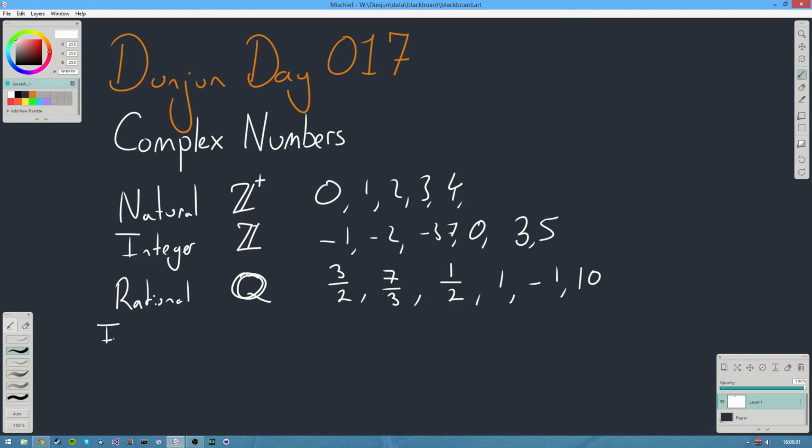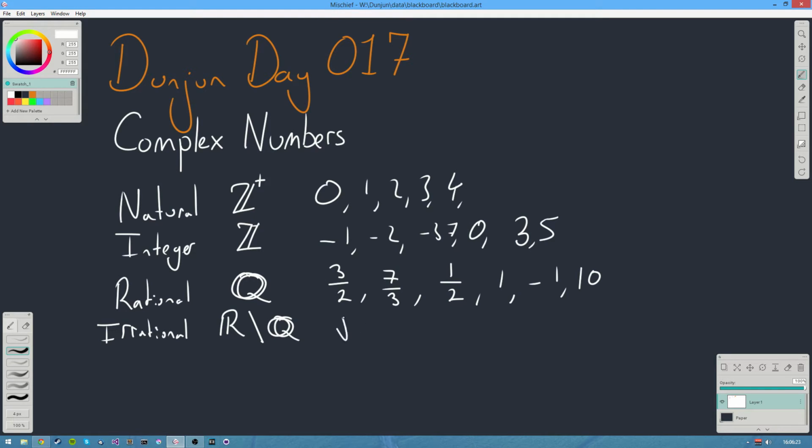Then we have the irrational numbers. Now, irrational numbers haven't got a distinct symbol. They say it's the real numbers, which is denoted by this R, minus all the rational numbers. So they're what's left in the real numbers. That's the way to denote it.